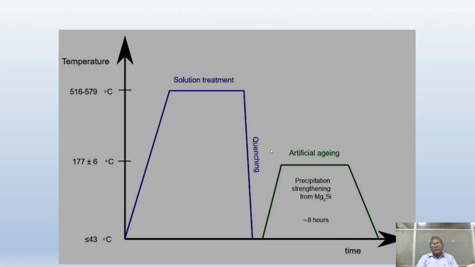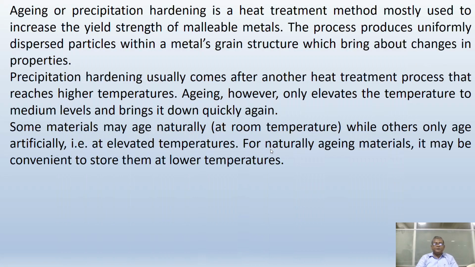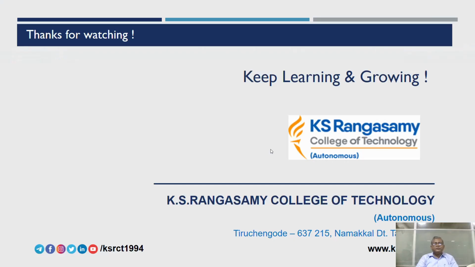Then maintain that temperature so that precipitation occurs. This type of treatment is known as precipitation heat treatment. It is mostly used to increase the yield strength of malleable materials. Thank you very much for watching this video.